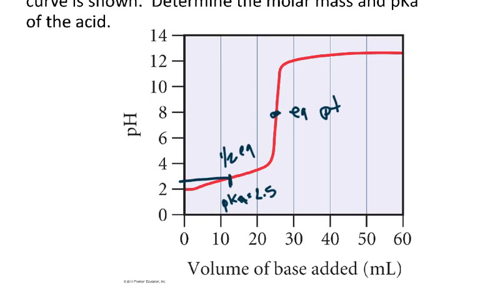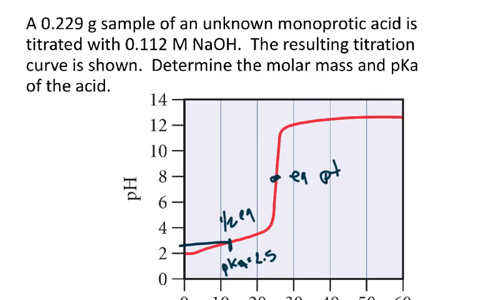Then the molar mass. We know at our equivalence point, we've added, that looks like 25 milliliters of 0.112 molar sodium hydroxide, which gets me 2.8 millimoles of acid.